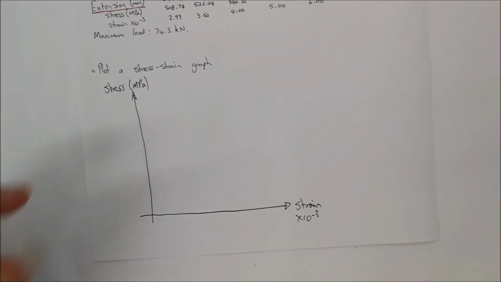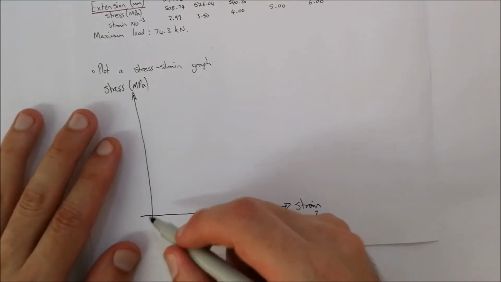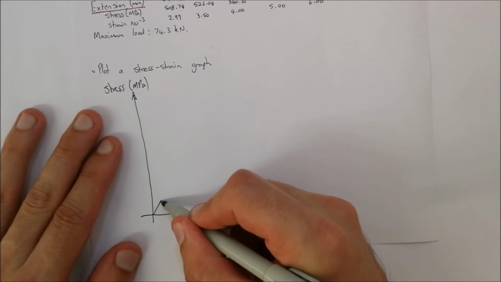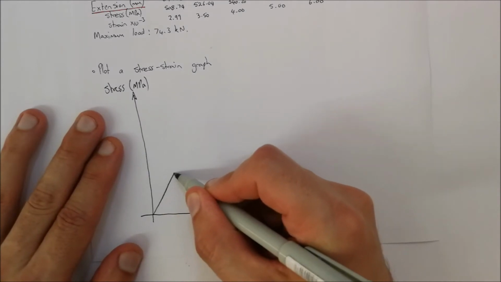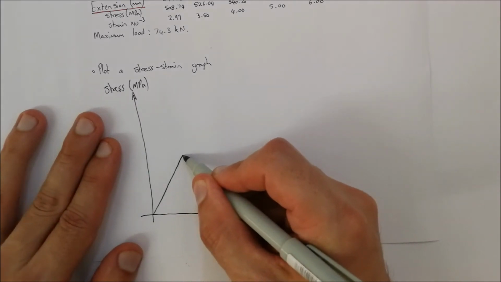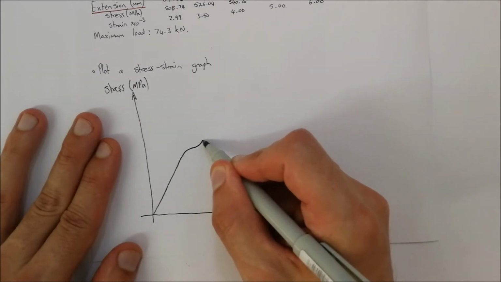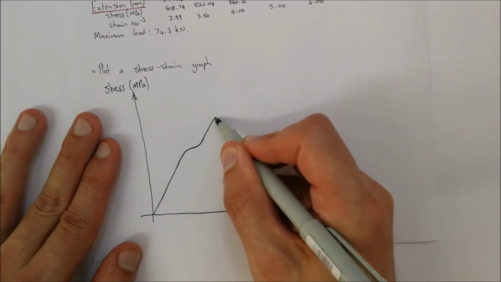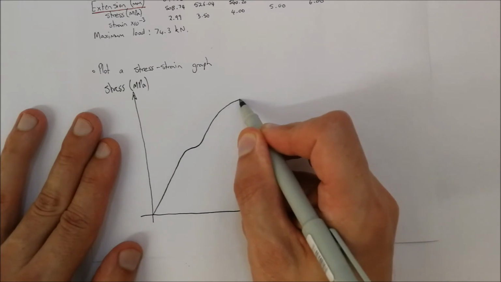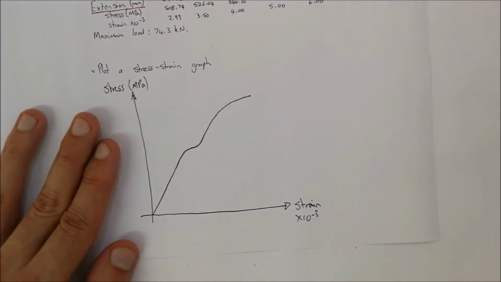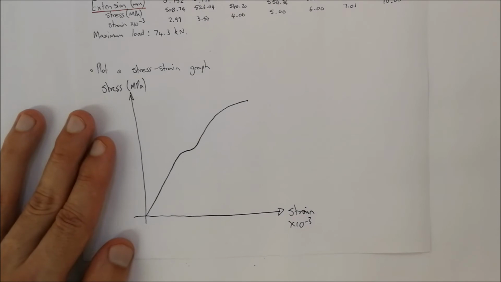Now that we've done that, you would start plotting these points for the stress and strain, and we'll be going up in a linear fashion. For this specific example, it will curve out, and then once it's curved out, it will keep on going up again, and eventually it will get to the maximum point or maximum load that you're able to get.